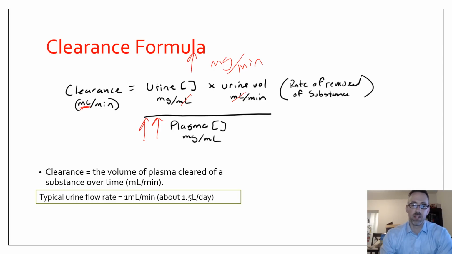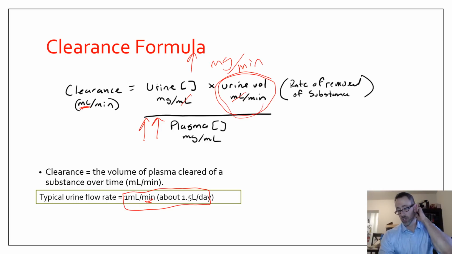So those numbers in the box, we often use in terms of minutes. That would be this portion right here, the urine volume. Throughout the day, the total volume we excrete is about 1 mil per minute, so we can use that as our standard in a lot of the examples, but understand that it can change depending on our water intake, whether we're dehydrated or overhydrated and so on.